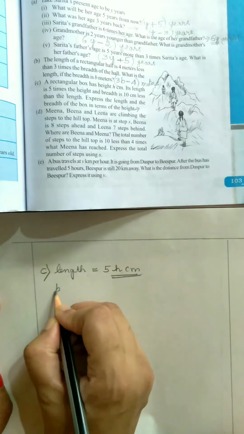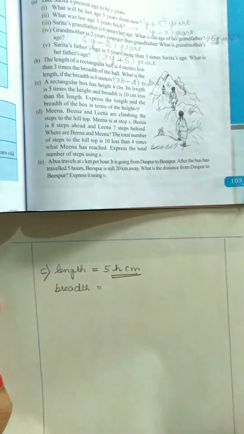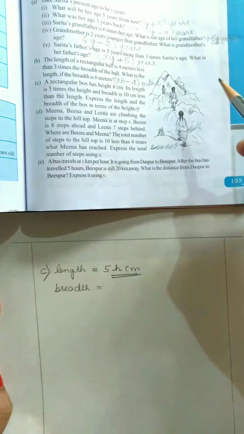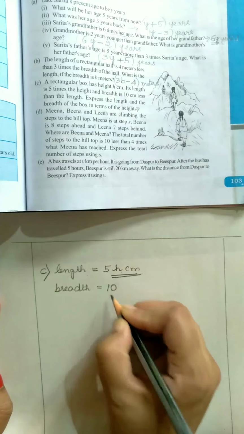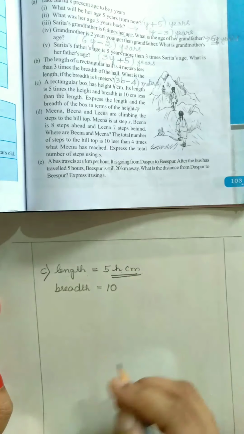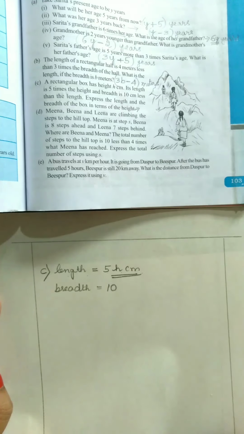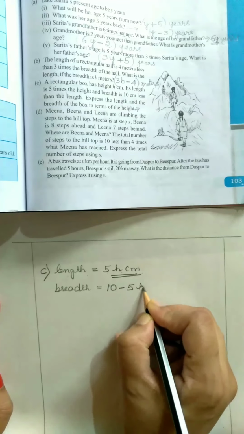Then what do we want next, children? We want the breadth. So breadth is 10 centimeter lesser than the length. 10 centimeter lesser than the length means the length value is 5h centimeter. Lesser than length means we have to subtract from 5h.